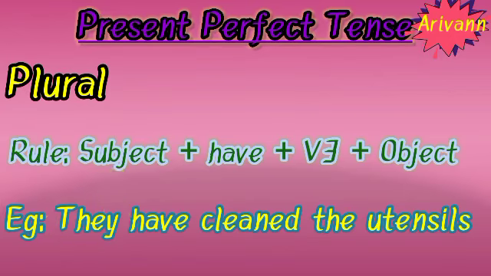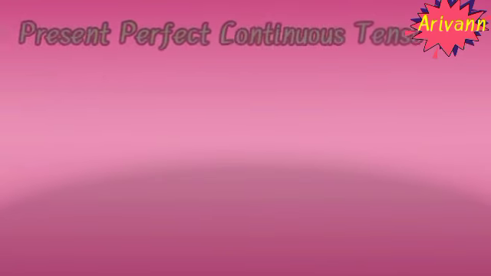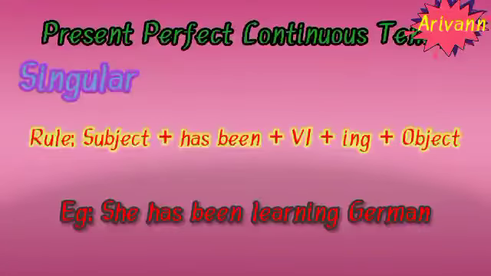So you need to follow this rule. Next one is you need to add have in the sentence after the subject. Then next one is verb 3. Verb 3 in the sentence is cleaned and it is followed by the object. Object is the utensils.